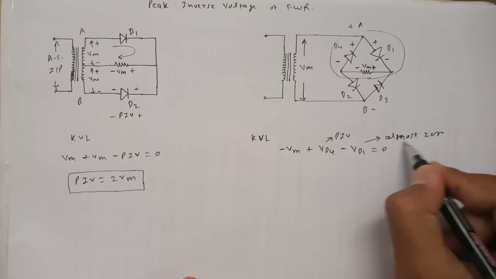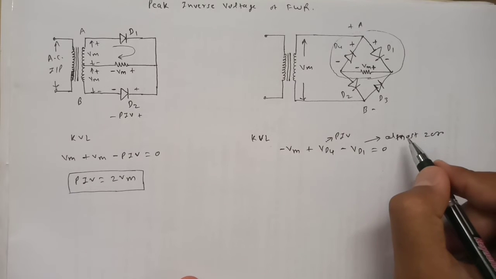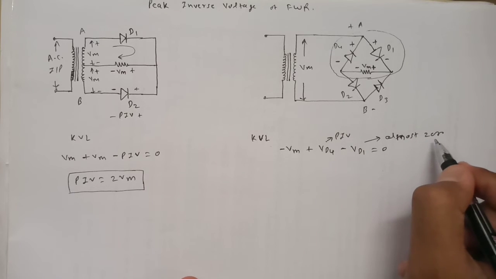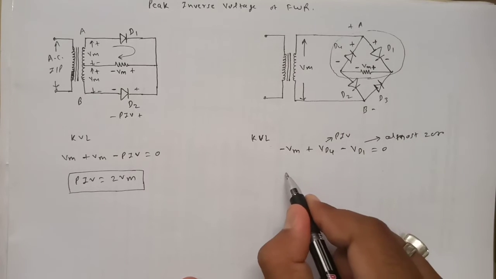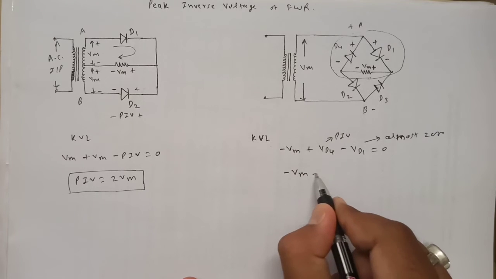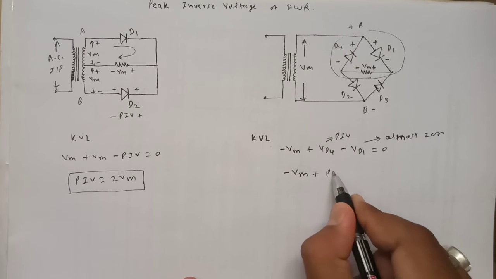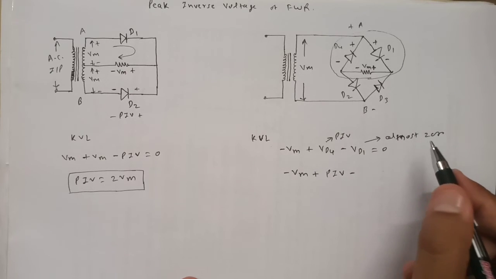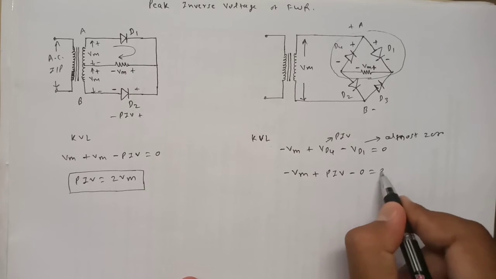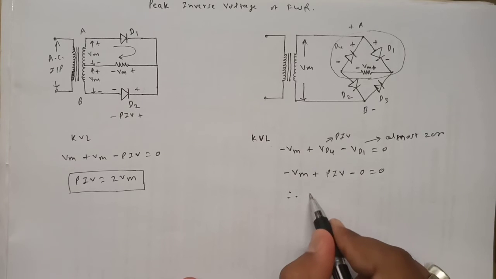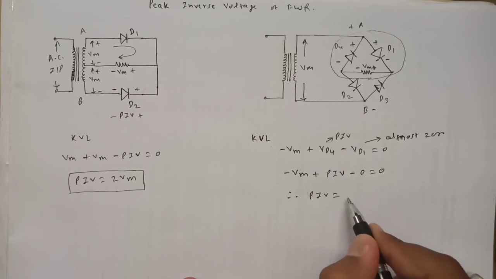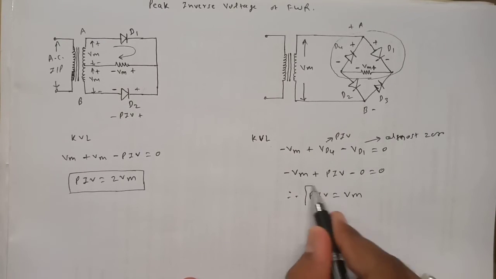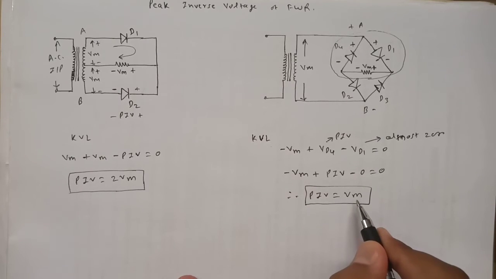It is not actually 0, it is 0.7 because the diode is forward bias, but I will consider it almost 0, so I can neglect it. So I am writing minus Vm plus PIV minus 0 is equal to 0. In this way I get the peak inverse voltage of diode D4 is equal to Vm.